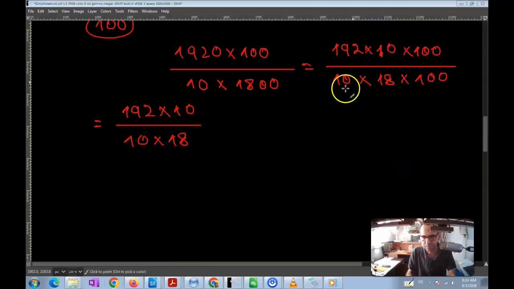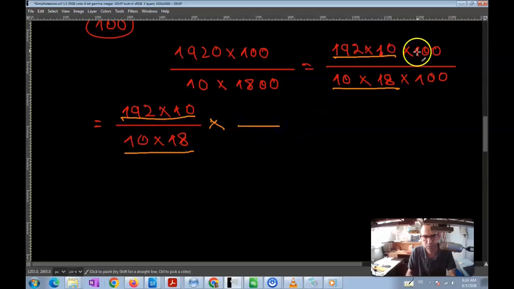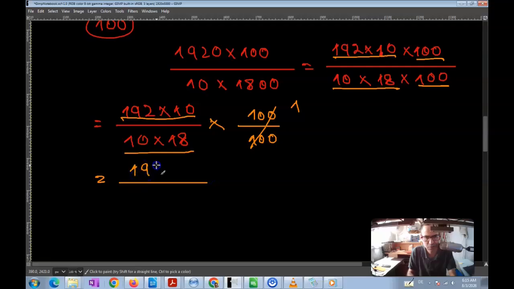And that means that I have actually written this part over here and this part over here, and then I multiply this by another fraction containing these two numbers, 100 divided by 100. And of course you know that 100 divided by 100 is just 1, and any number multiplied by 1 is just itself. So we can simply write this as 192 times 10 over 10 times 18.